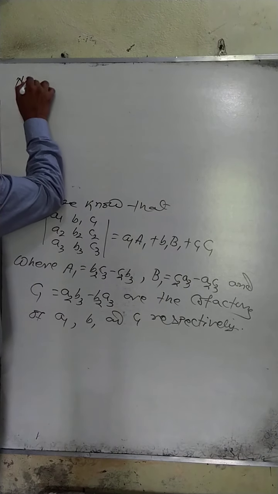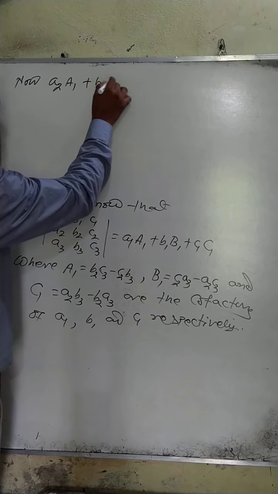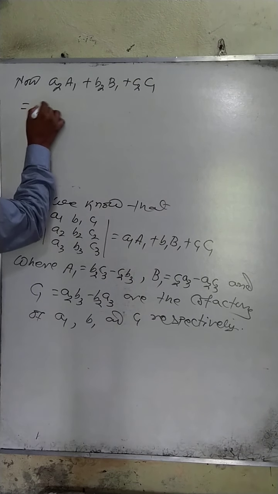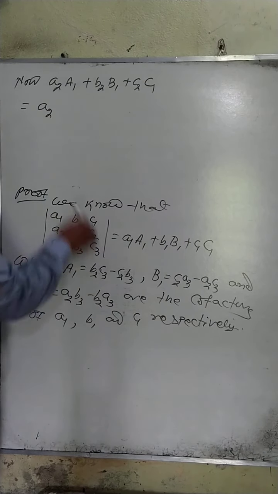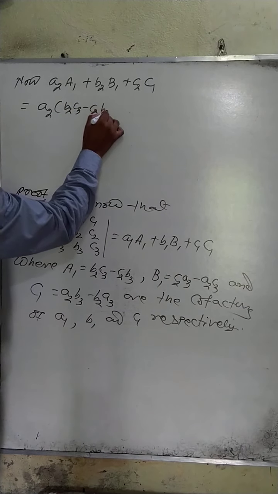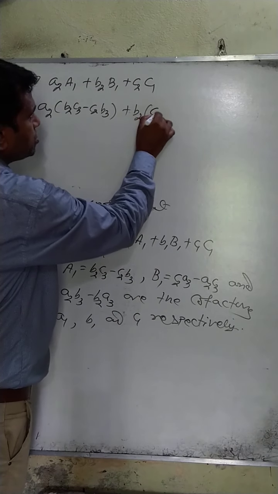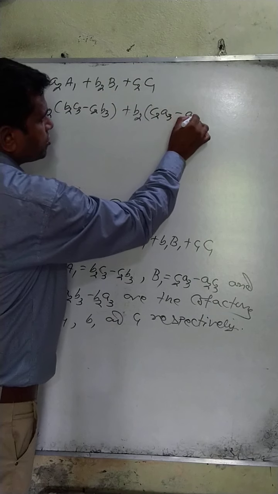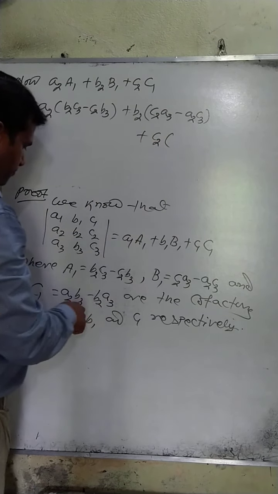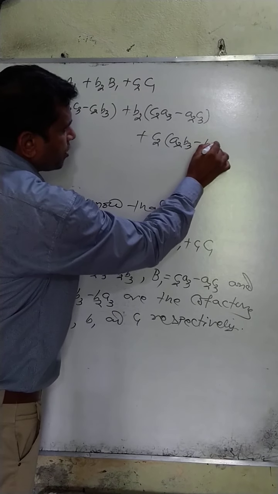Now A2 capital A1 plus B2 capital B1 plus C2 capital C1 is equal to A2 whole into B2 C3 minus C2 B3, plus B2 whole into C2 A3 minus A2 C3, plus C2 whole into A2 B3 minus B2 A3.